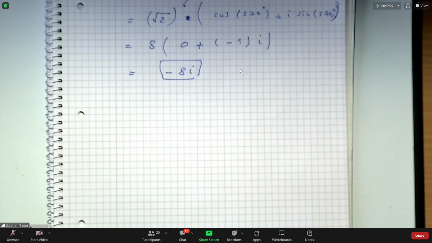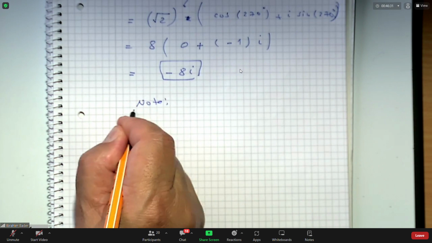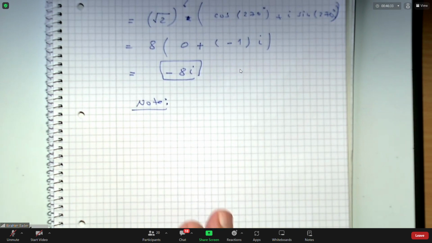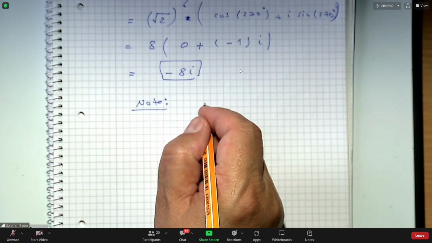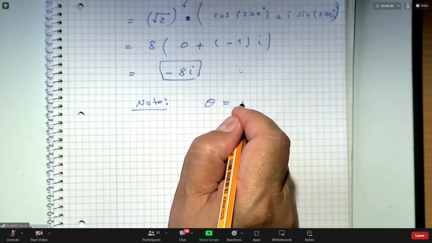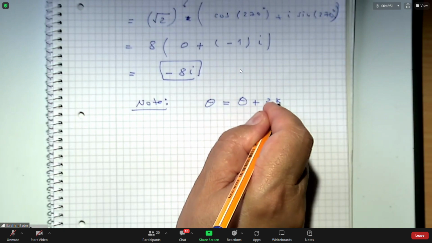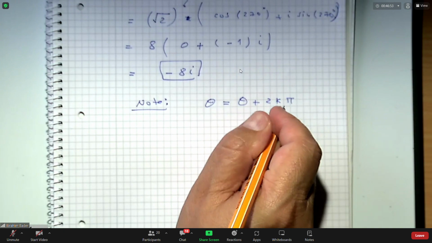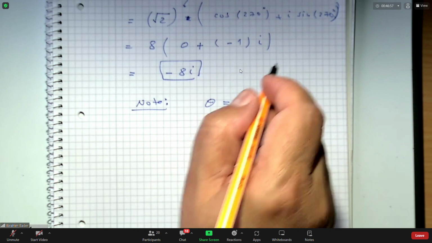Now here, maybe a very important note. If you are multiplying out large numbers, especially if you are using degrees, cosine or sine or tangent of theta is equal to that of theta plus, let's say, k times 2 pi. So if you add any full circle to the angle, you are there.